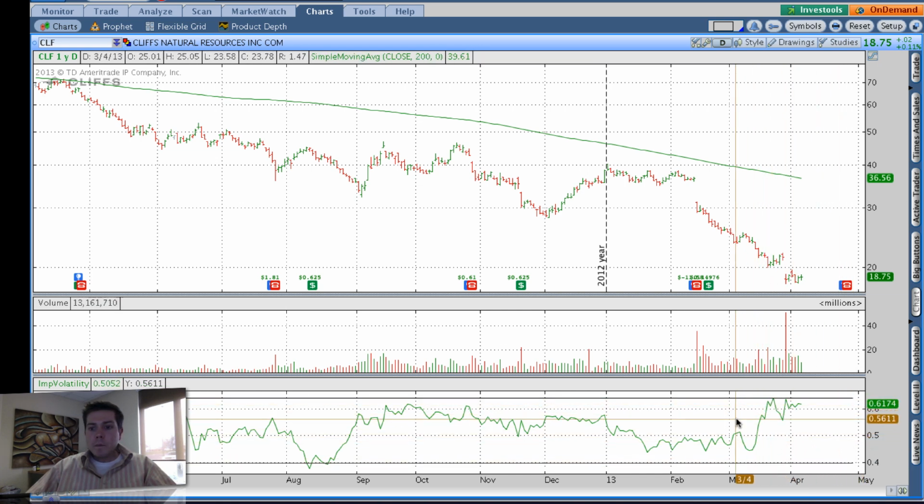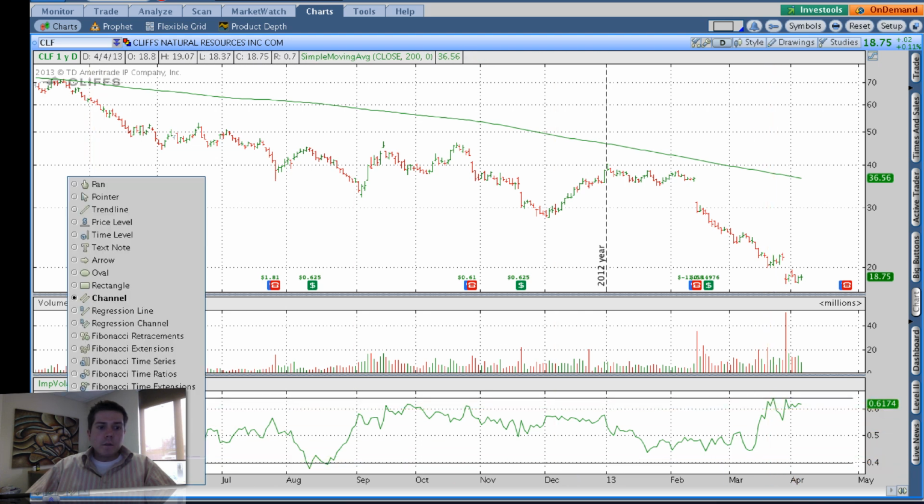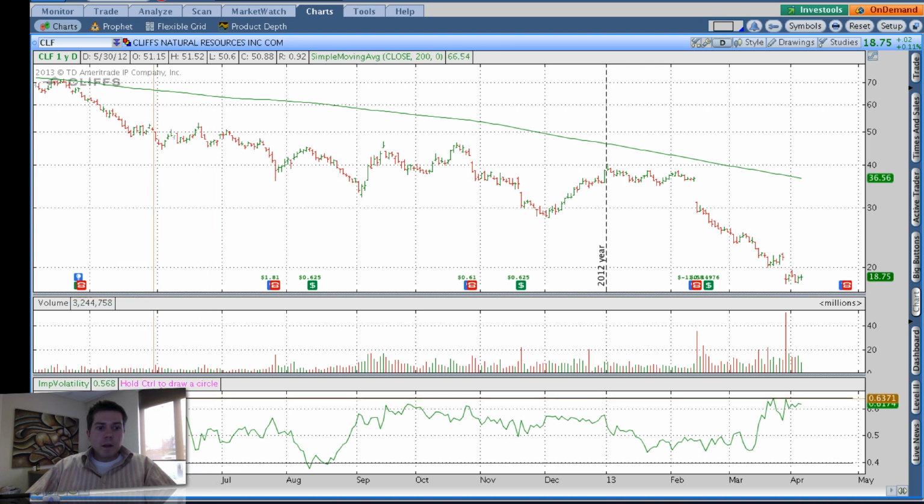What we saw is a quick spike from 44 all the way up to this 63 level, and we noted that the implied volatility was trading near the high end of the range, which in turn provides an opportunistic time to consider selling naked puts.